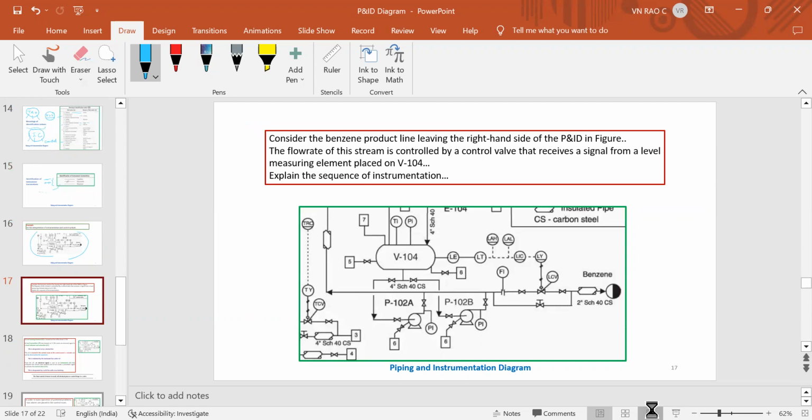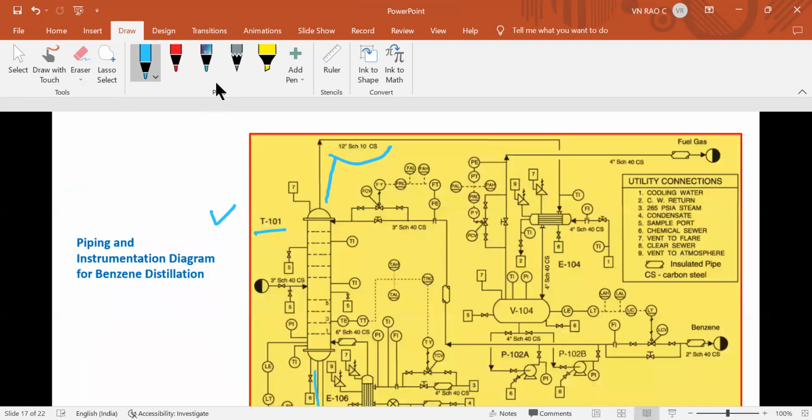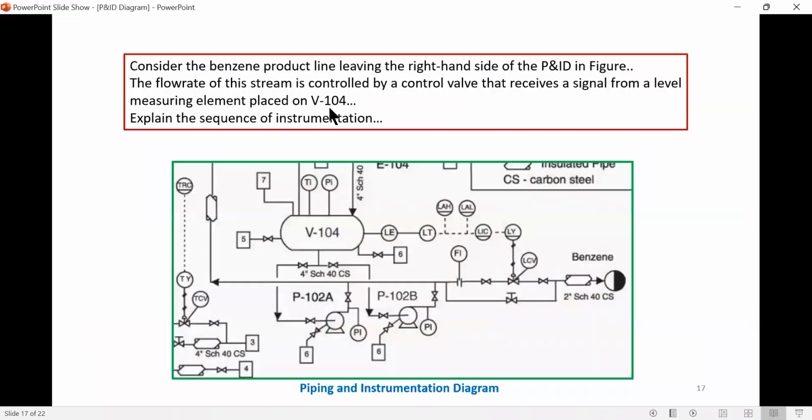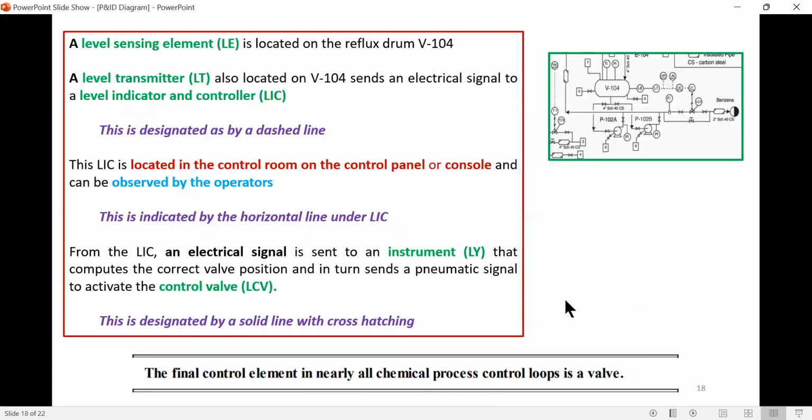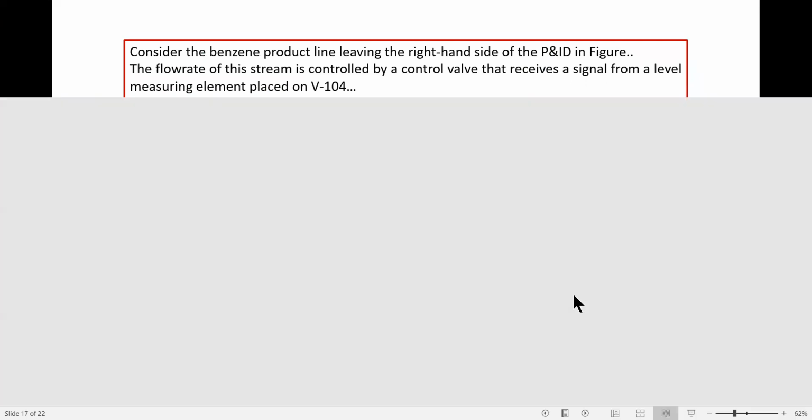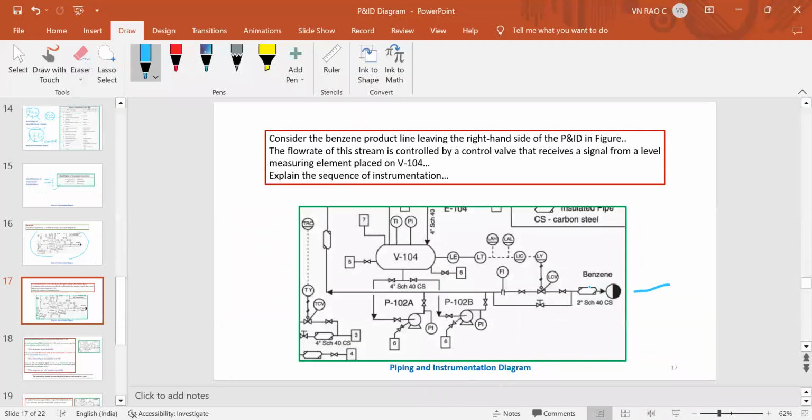Let me read this here. Consider the benzene product line. This is the benzene product line. This and this, it goes to the pump, from the pump it goes to this place and this place. This is the benzene product line.